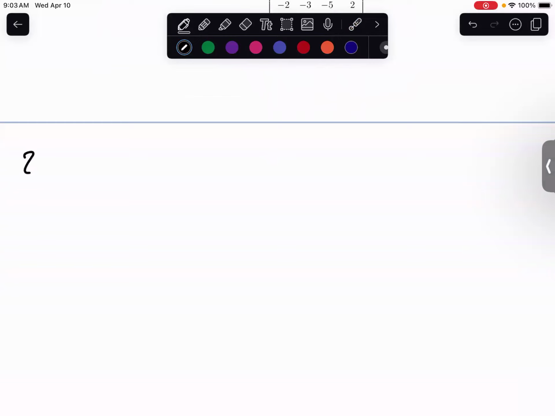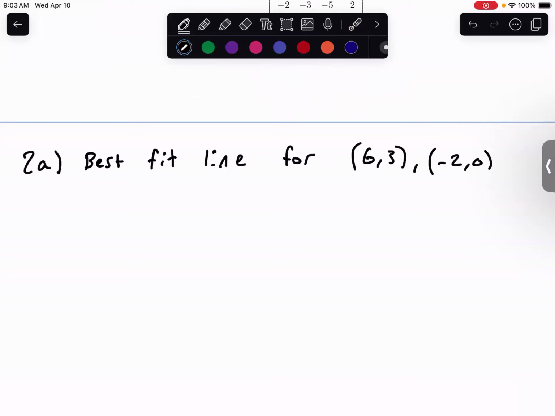So summarizing what the problem wants, it wants you to find the best fit line for 2 data points. The 2 data points are 6, 3, and then minus 2, 0. And so we have the following system of linear equations that we want to solve, represented in matrix form as the following.